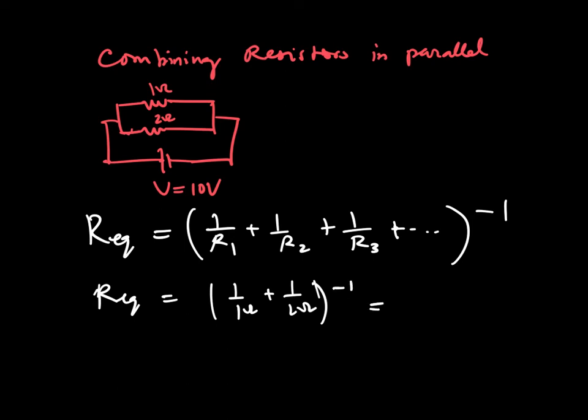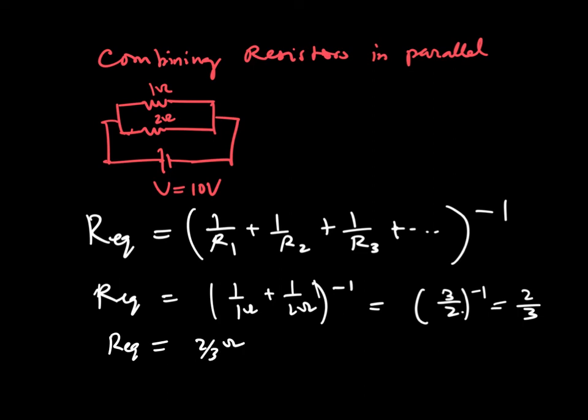So that is 1 over 1 plus 1 over 2 is 3 over 2 to the minus 1, which is 2 over 3. So the equivalent resistance is 2 over 3 ohms.